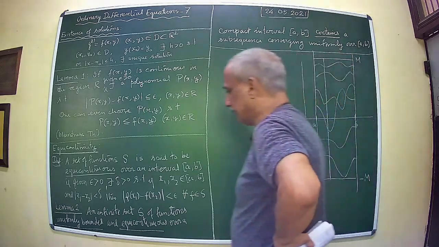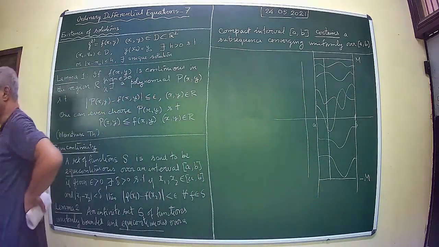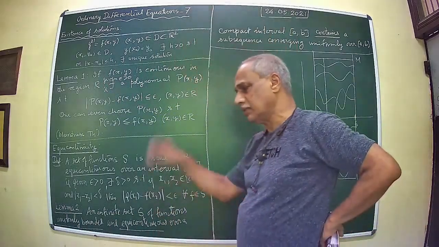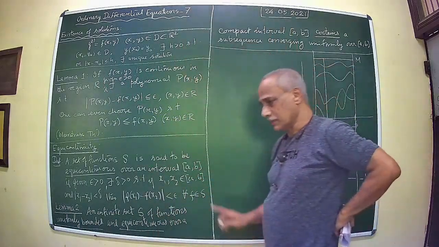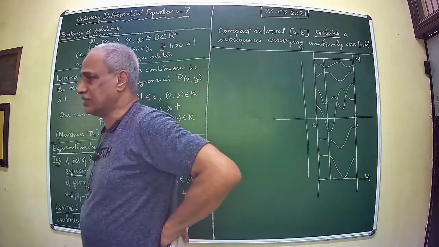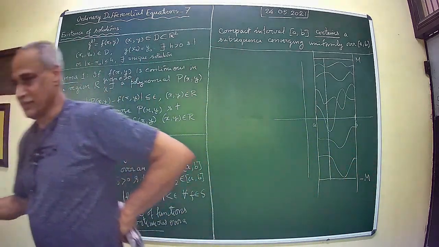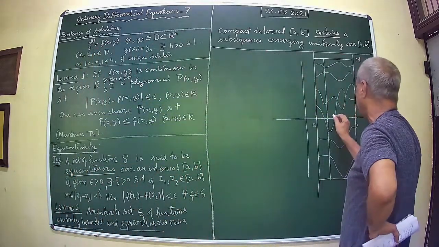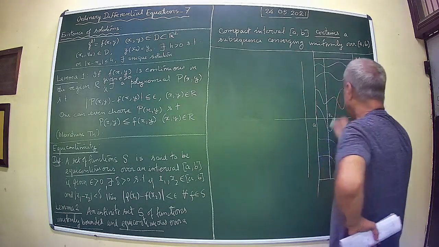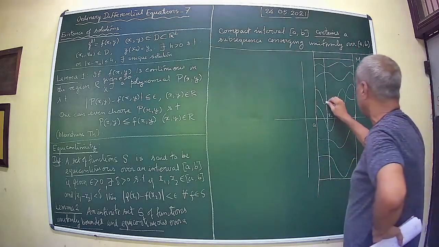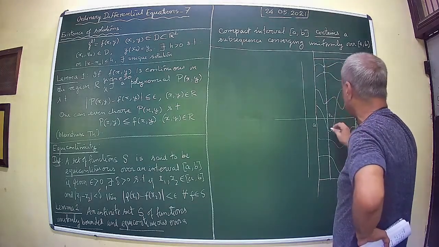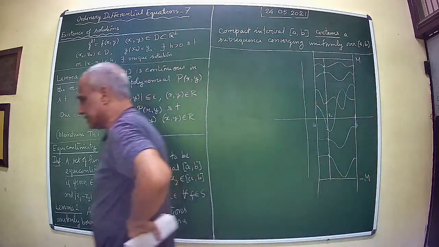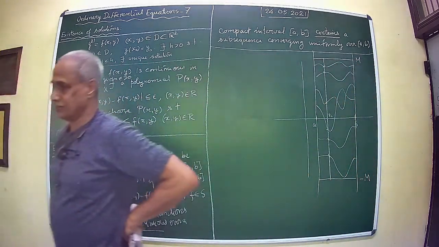How do you look at the convergence of these functions? If you want to study the convergence of a sequence of functions, what do you do? You look at whether it is pointwise convergent. So pointwise, what is happening here? You take a point, say x0, and at x0 each function sets up a set of points. What do you know about these points? What we know is that it is a bounded set.